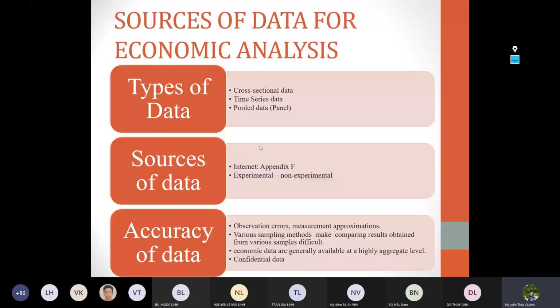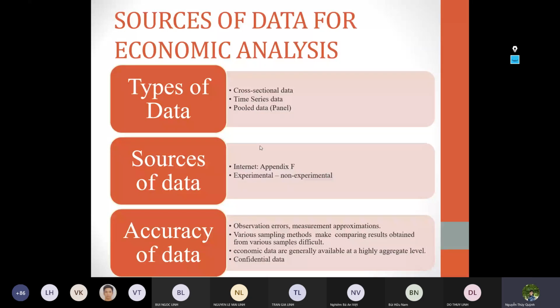Okay, and also economic variables. Economic data are usually available at a highly aggregate level. For example, most macroeconomic data like GDP or inflation rate or unemployment rate are available for the economy as a whole.